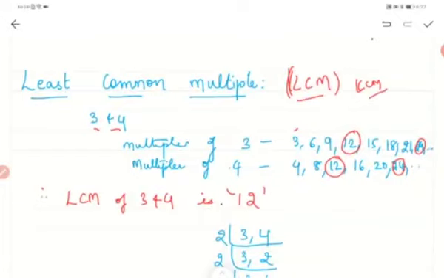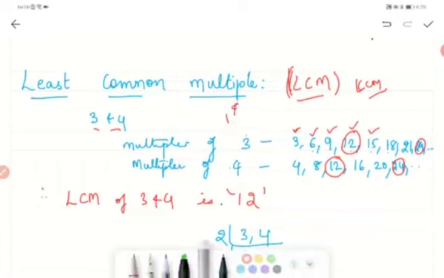Factors of 3 are only 1 and 3, whereas multiples of 3 are 3, 6, 9, 12, 15. That is basically the 3 table: 3 1s are 3, 3 2s are 6, 3 3s are 9, 3 4s are 12, 3 5s are 15, 3 6s are 18, and so on.